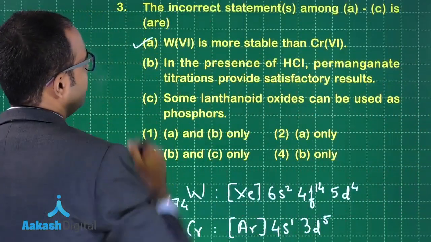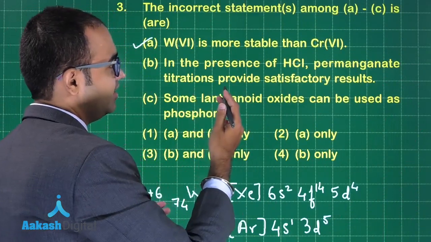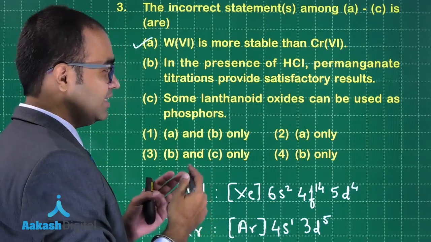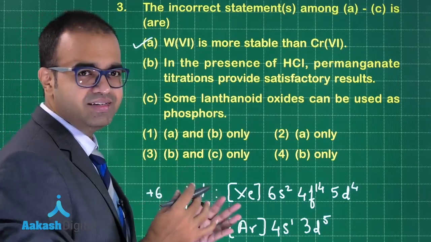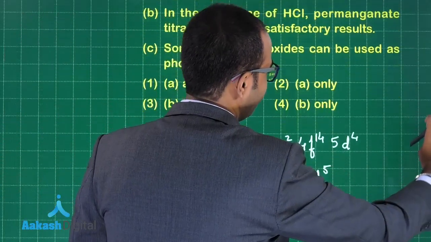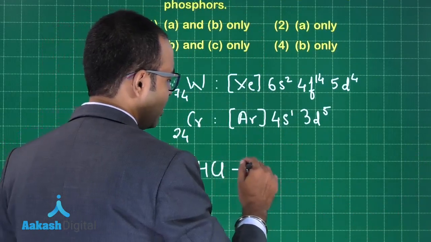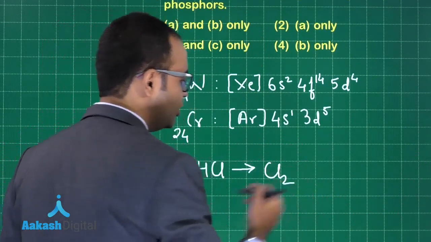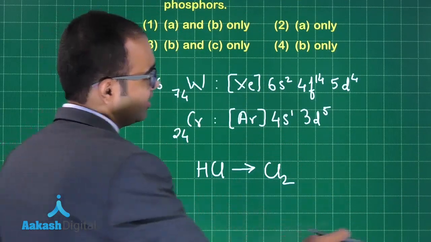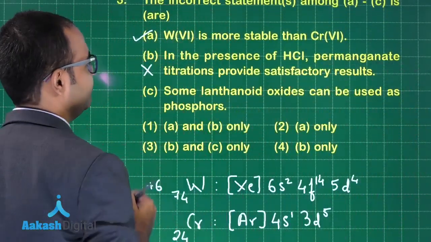What about the second statement? In the presence of HCl, permanganate titration provides satisfactory results. This statement looks a little dicey, because if I take HCl in the presence of permanganate ion, HCl will undergo oxidation and give you Cl2. So HCl itself is undergoing oxidation, and the statement given to us is wrong.